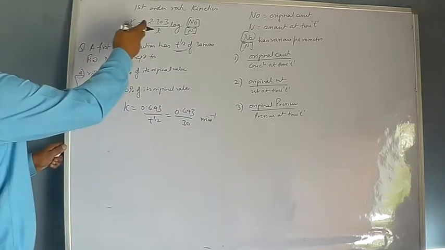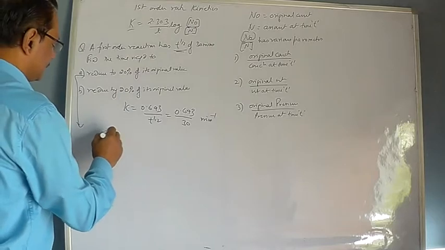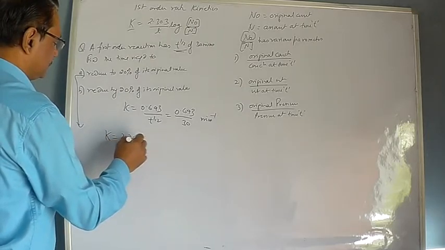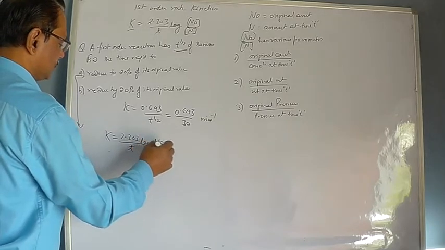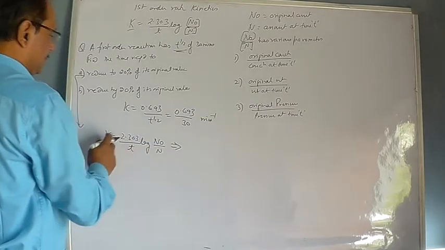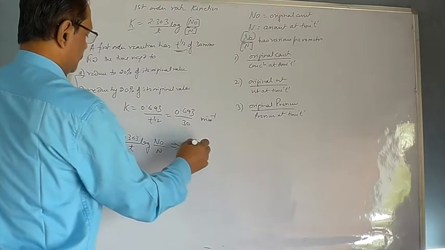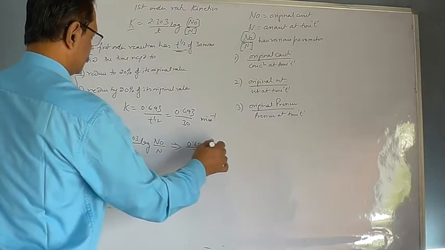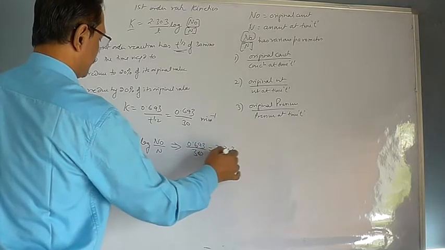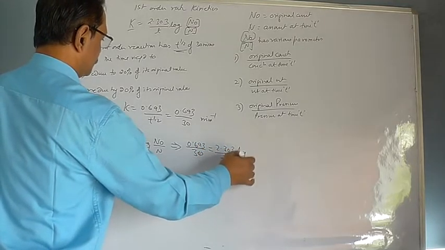Now we'll put the value in first order kinetics: k equal to 2.303 upon t log n0 by n. The value of k is 0.693 upon 30 equals 2.303 upon t log n0 by n.